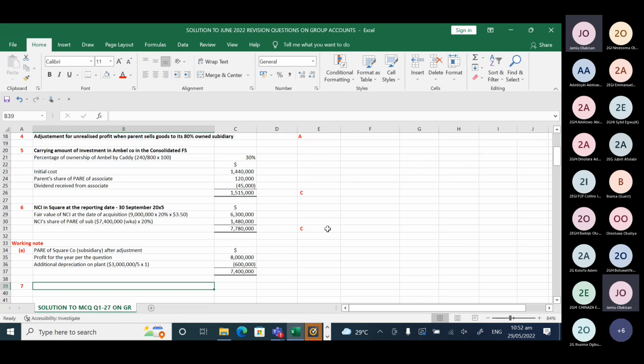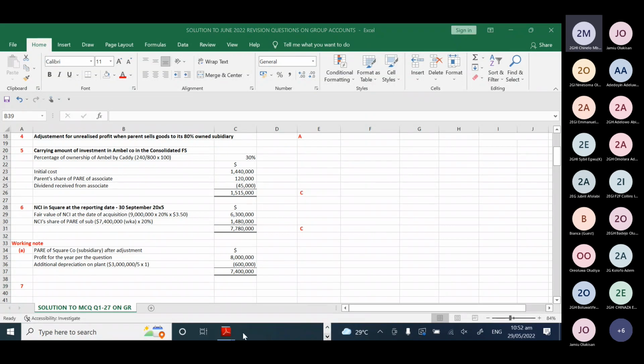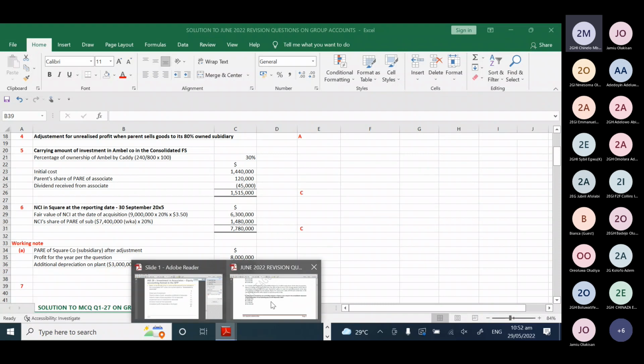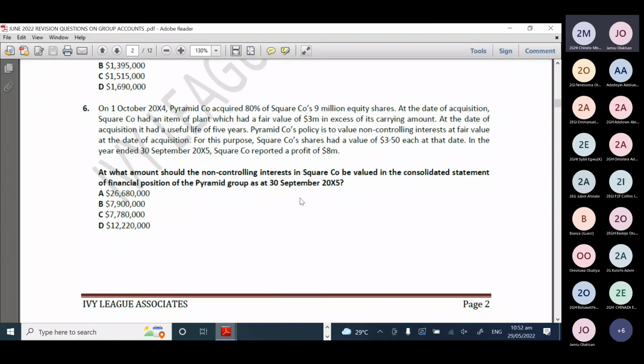Chinelo, you raised your hand, but your hand went down. Yeah, I wanted to ask a question, but maybe you've cleared it, because I was thinking that the 8 million was more of Square's share of the profit already. And maybe we didn't have to do any other adjustment on it. I was expecting that the only adjustment should come to the depreciation side, but I think it's clearer now.